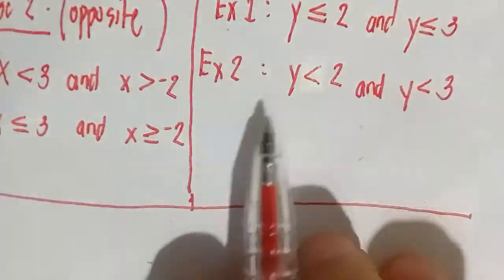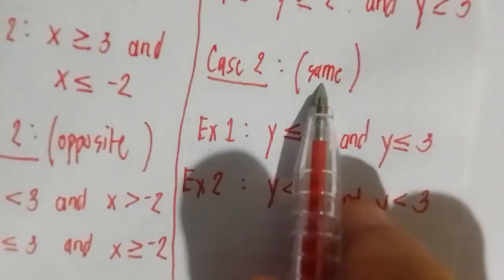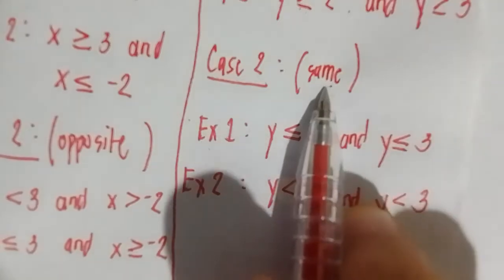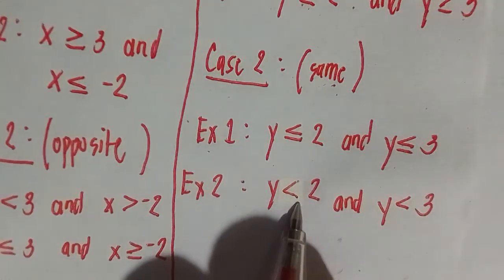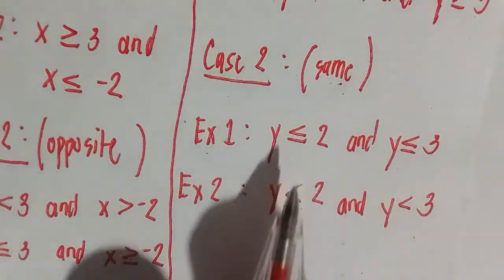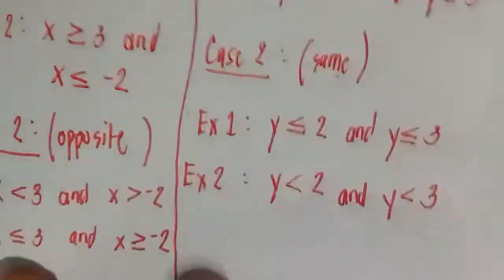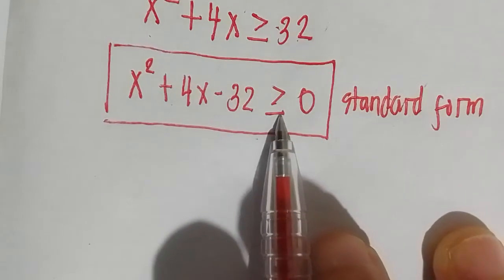When you get to case 2, it is the same inequality sign. If case 1 is greater than, then case 2 should be less than. Both values are less than. Again, the given inequality sign is greater than or equal to.